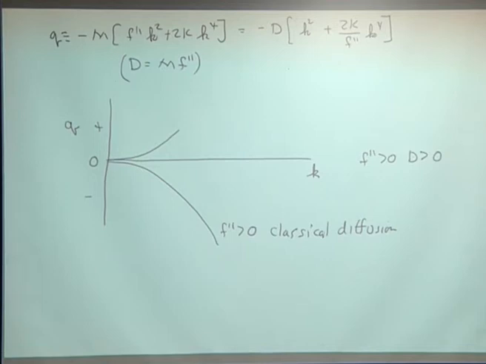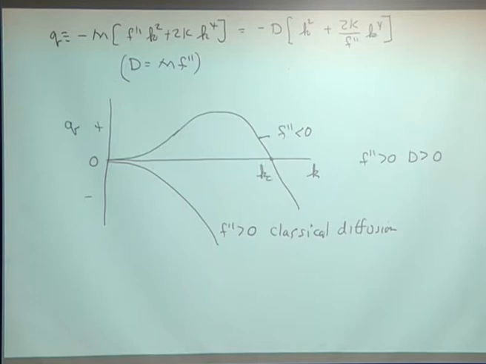But you see what happens up here. F double prime is negative now, and so this term is negative. This is again positive. So at sufficiently high wave vectors, this thing turns around and it does this. And there's actually a critical wave vector here where it crosses 0.